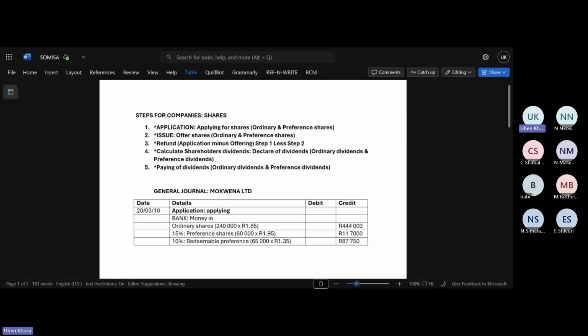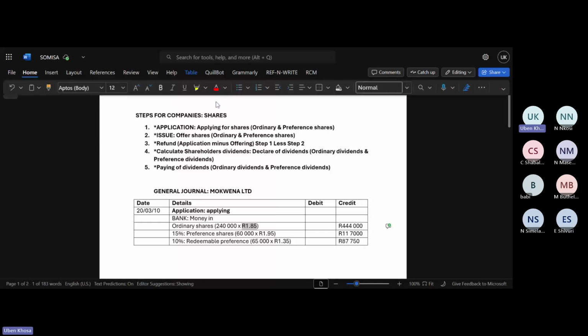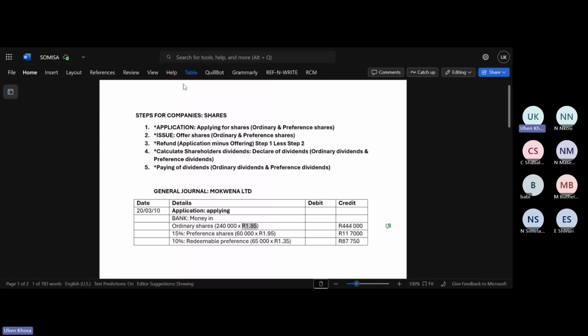They said an ordinary share is 1,85 each. Meaning as long as you want to convert ordinary shares into a value, we multiply by 1,85. It is given on the question paper. Fine.